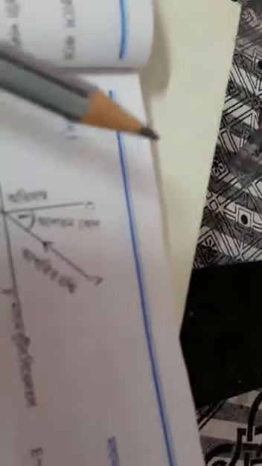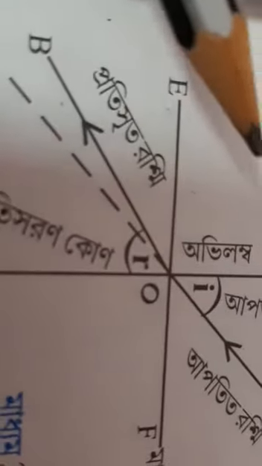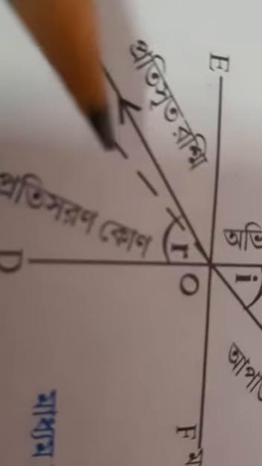Here you see, and again we should consider some more things. So this is the air medium, and this is the glass medium, and this is denser. Glass is dense, but air is light. From a lighter medium to a denser medium, light is refracted.